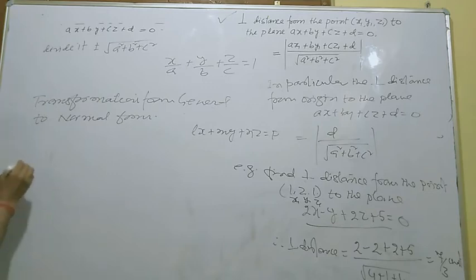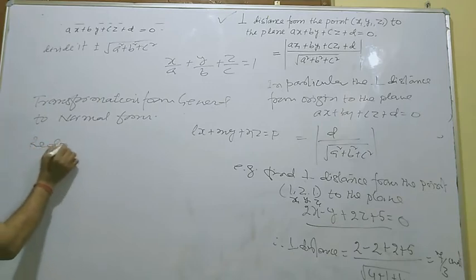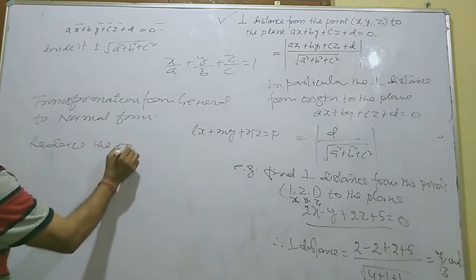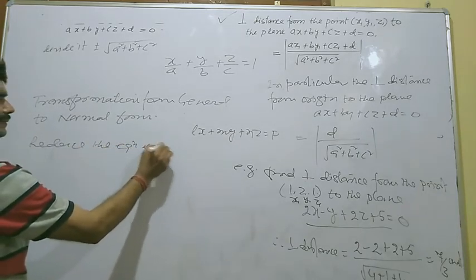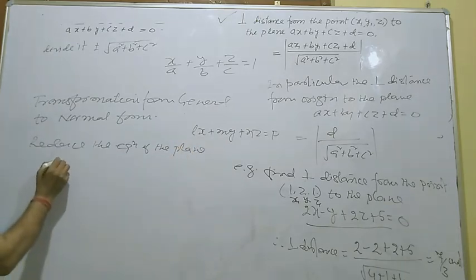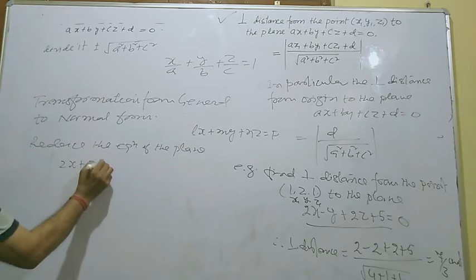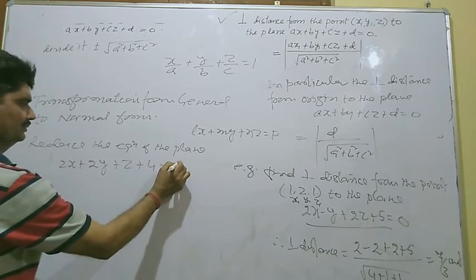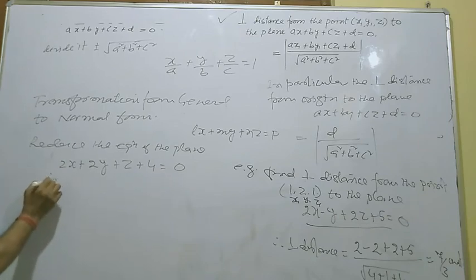For example, reduce the equation of the plane 2x plus 2y plus z plus 4 equal to 0 into normal form.